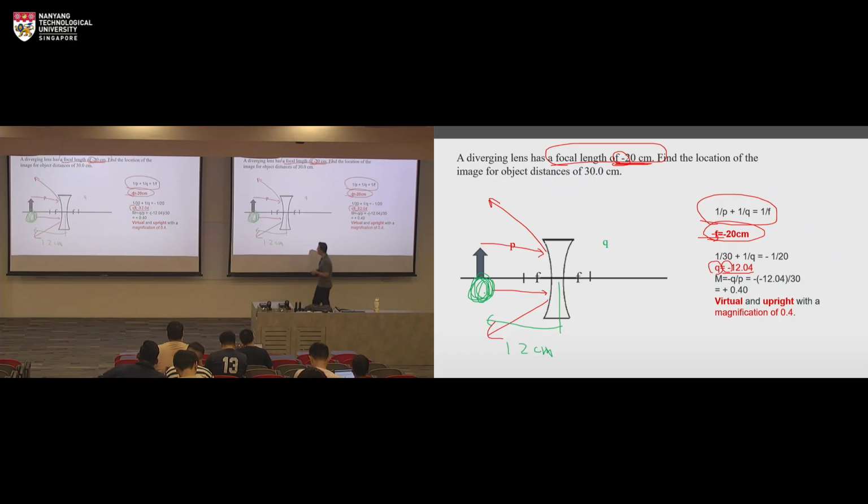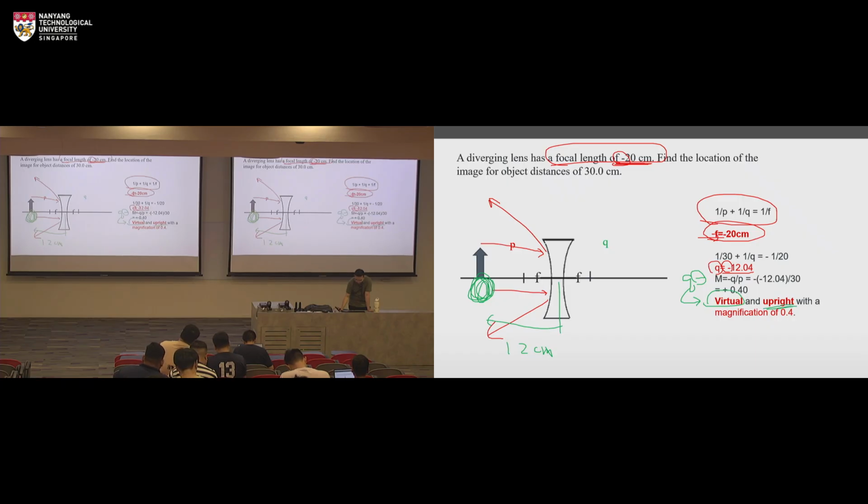So that is why it's virtual. Okay, so let's complete the calculation. You complete the M value with the negative Q over P, and then you discover your M is positive 0.4. So here, the final answer is that your image is virtual. Real or virtual depends on the Q. Because you know your Q is negative, this already tells you it's virtual.